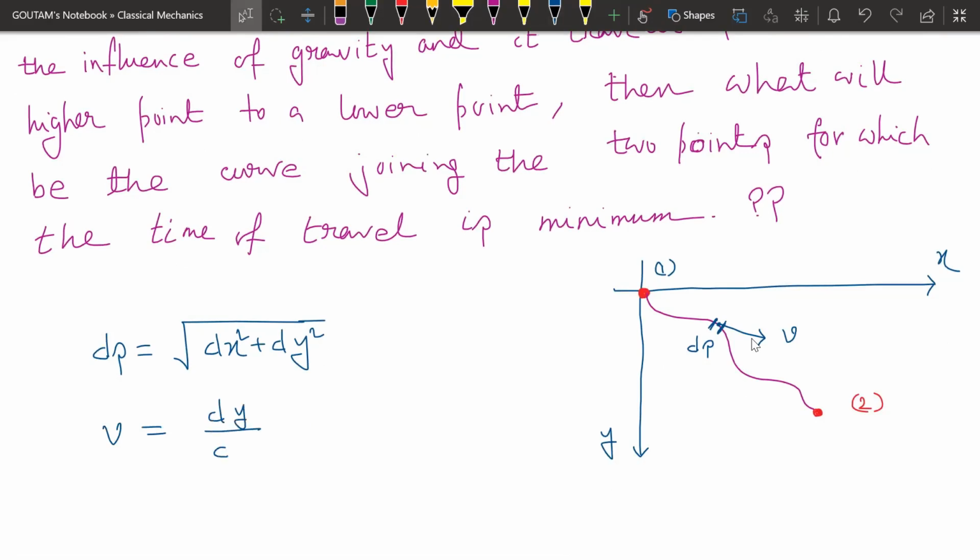At this point the velocity is given by v.